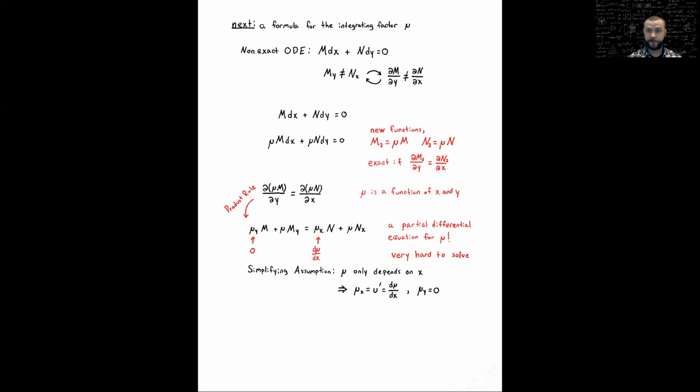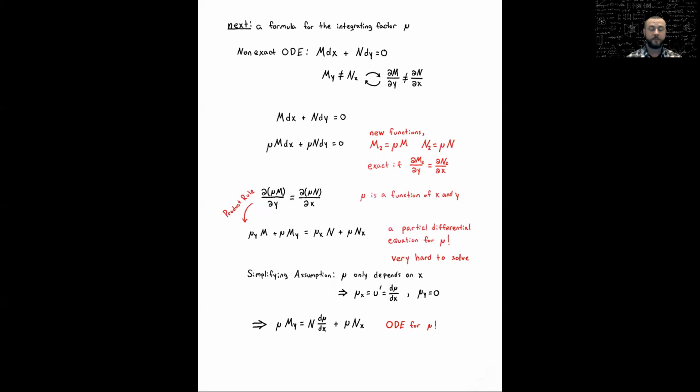All right, let's go ahead and plug that in. And what we now have is what we are learning about. Instead of a partial differential equation, that simplifying assumption has converted this back to an ordinary differential equation, which we can solve.